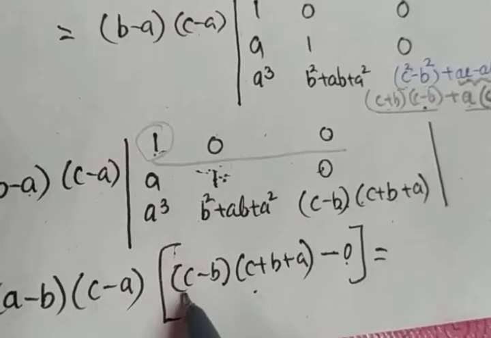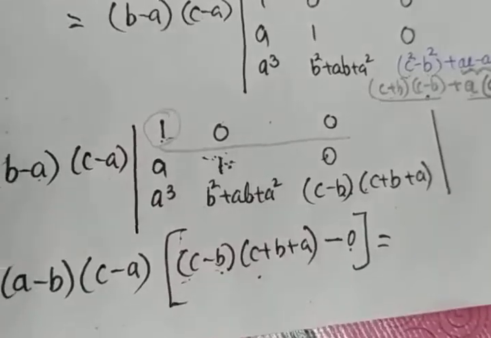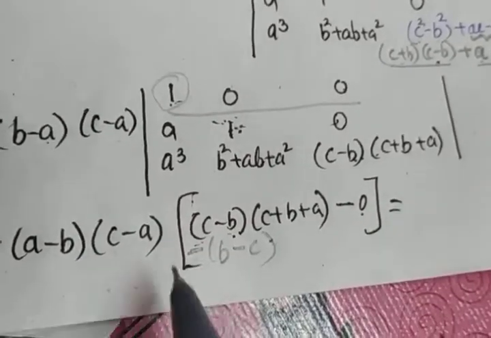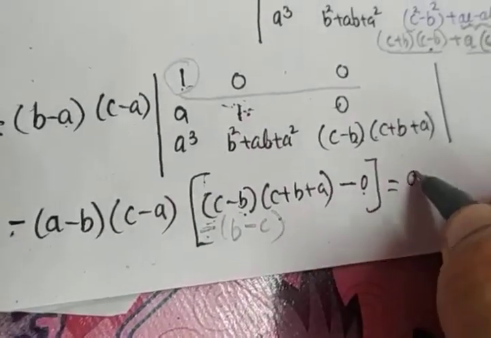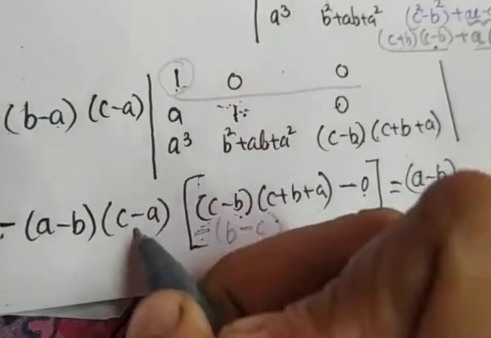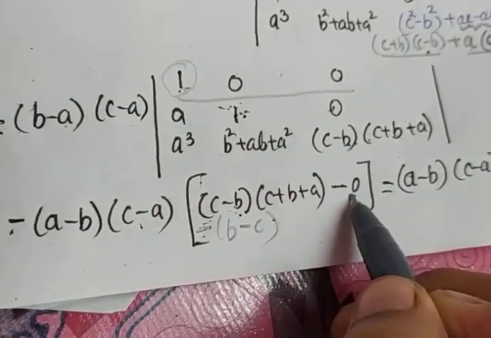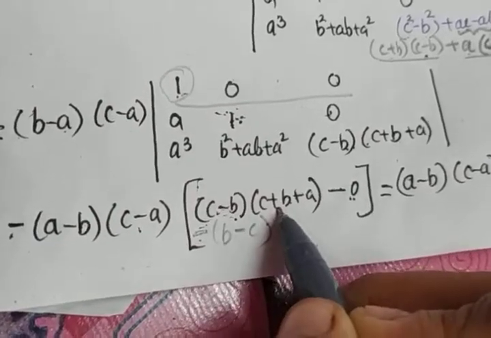Okay. Again, instead of c minus b, if I took a negative outside, that will become minus of b minus c, isn't it? This negative and this negative together will give you positive. So I am getting the term a minus b into, the next term is c minus a into, actually this term into minus 0 gives you 0, so this term c minus b into c plus a plus b.